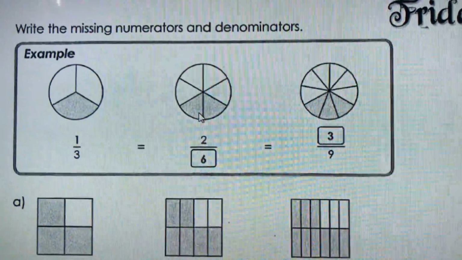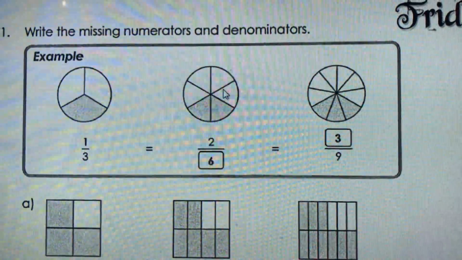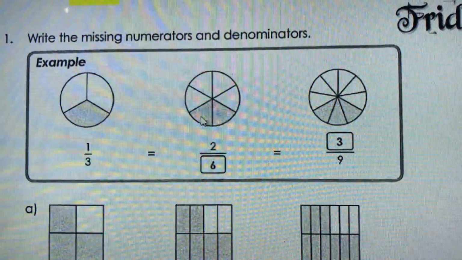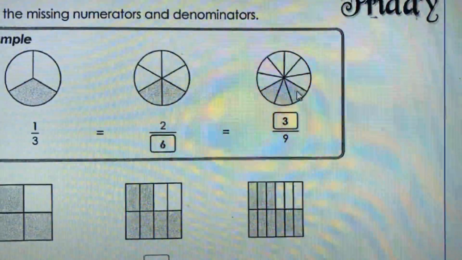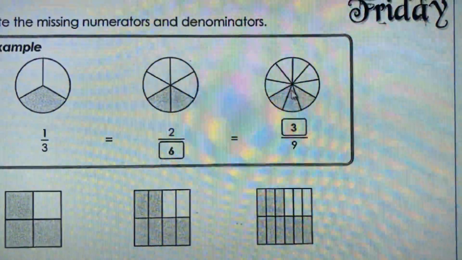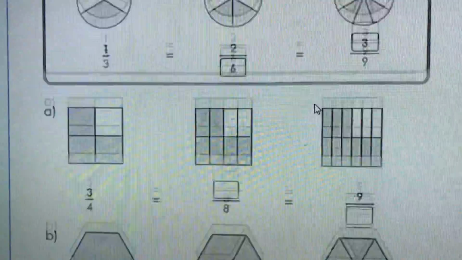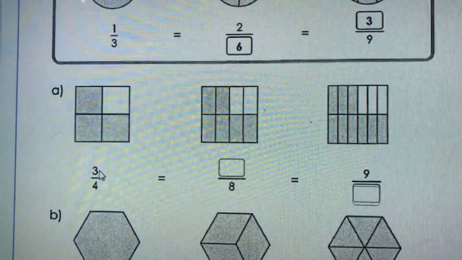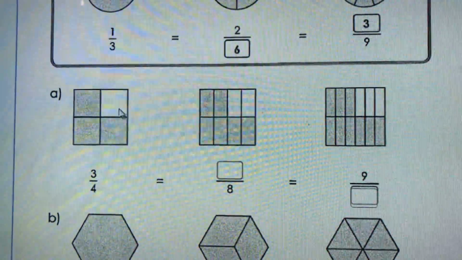Equals, you got 1, 2, 3, 4, 5, 6 pieces, and 2 that are filled. Kind of the same way, you have 3 filled and 9 pieces of all of them. So here you got 1, 2, 3, and 4. You got 3 and 4, of course, because of all of them.